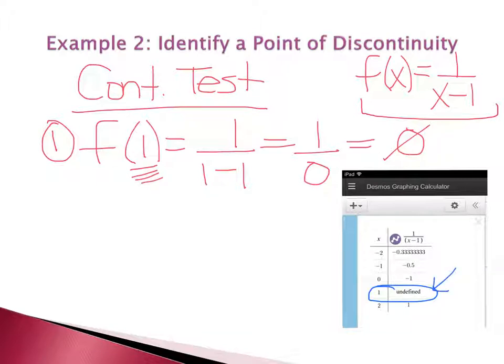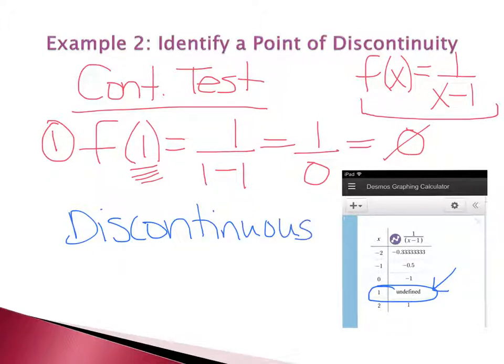There is no y value paired with an x value of 1, which also tells us that the function is discontinuous at x equals 1. And based upon the graph on the previous slide, I'm going to say it's an infinite discontinuity because as we approached 1 from the left and from the right, the function was headed downward or upward infinitely.